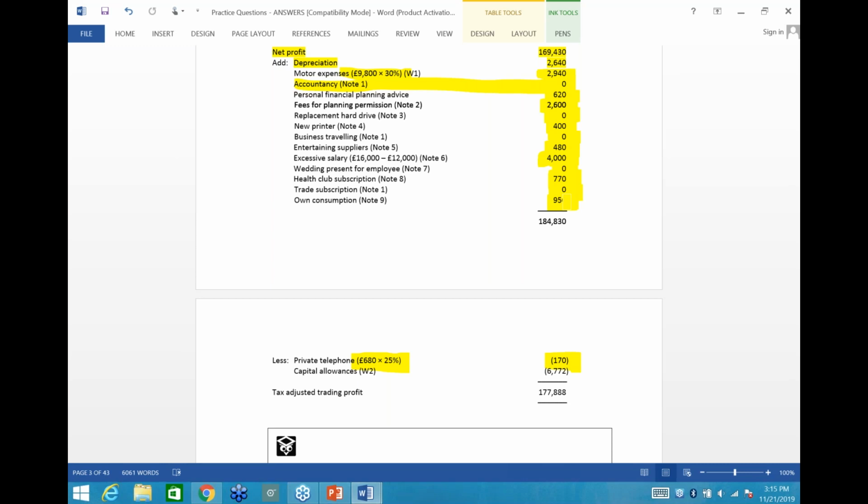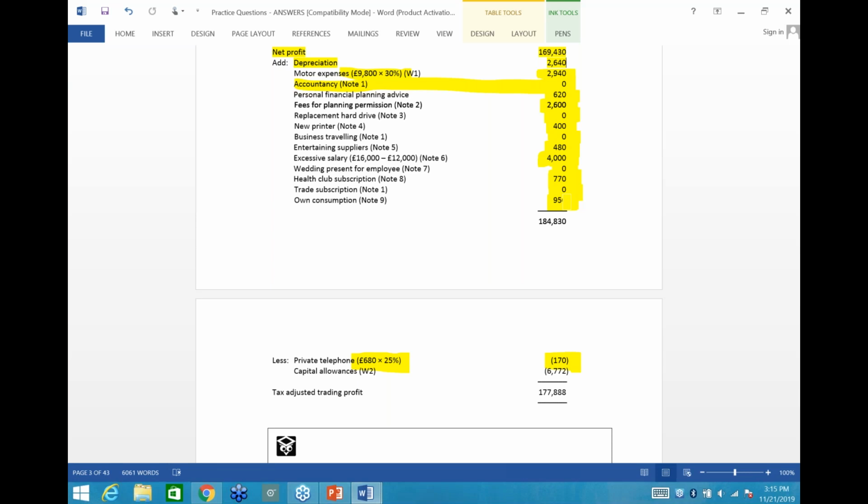Then we have an important adjustment, that is what we call capital allowance computation. I will briefly explain this capital allowance computation as it is one of the most important adjustments in the syllabus when calculating the tax adjusted trading profit. Now, as I said previously, on capital expenditure, you cannot claim the full amount as an allowable deduction.